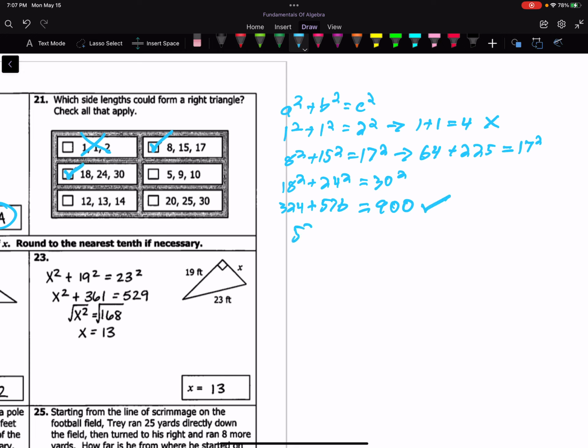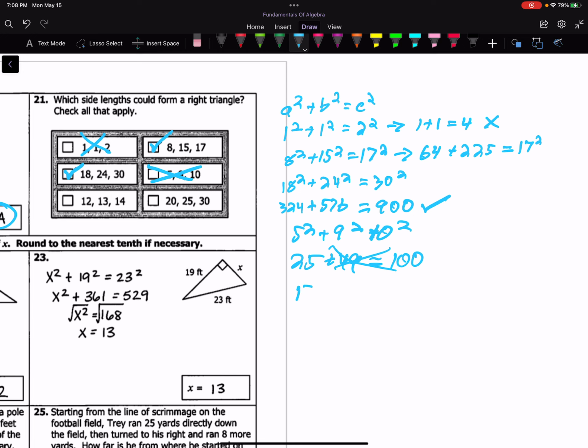Let's try 5 squared plus 9 squared equals 10 squared. If we try those, we get 25 plus 81, which does not equal 100. No, it does not. So this one is not it.